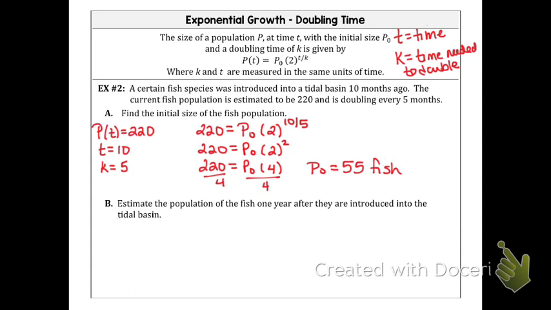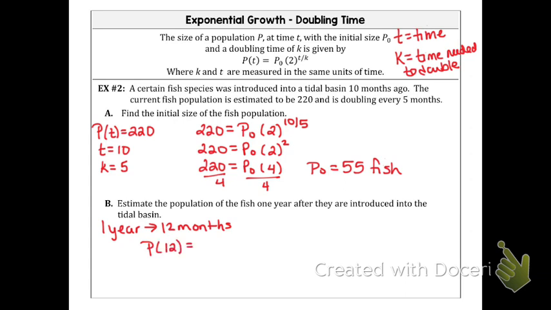B says estimate the population of the fish 1 year after they are introduced into the tidal basin. So 1 year is 12 months because everything's been based on months here. So we're looking for P of 12.